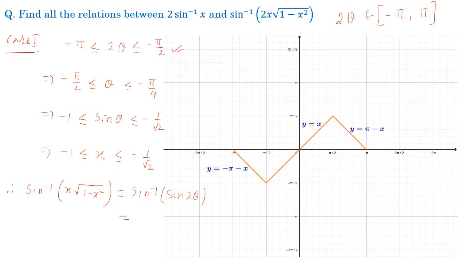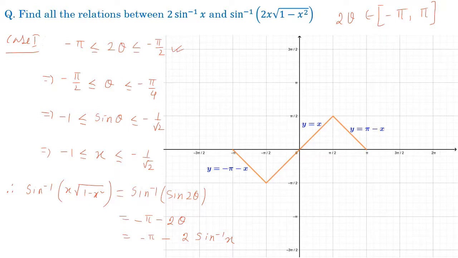So in that case the result will be minus pi minus 2 theta, and theta was equal to sine inverse x. So finally we obtained that sine inverse of this result is equal to minus pi minus 2 sine inverse x when x belongs to minus 1 up to minus 1 by root 2.